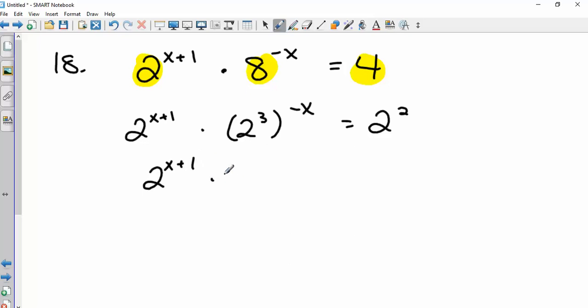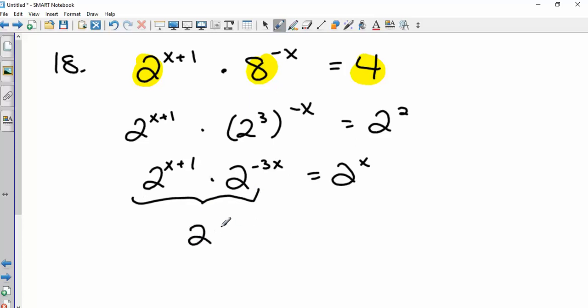Multiply them. Don't drop your base yet, because if you dropped it too soon, you got confused. When I multiply those, what do you do with your exponents? Add them. And then you can drop your base and solve from there. So make sure you put those together before you drop your base.